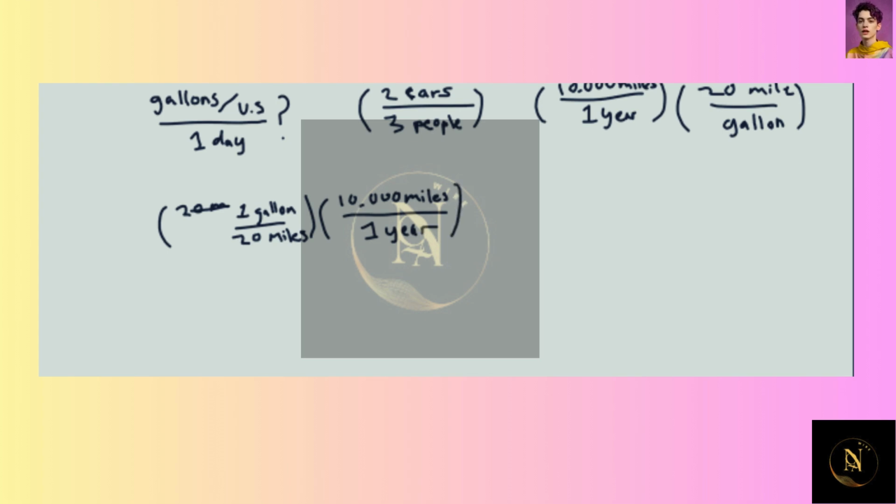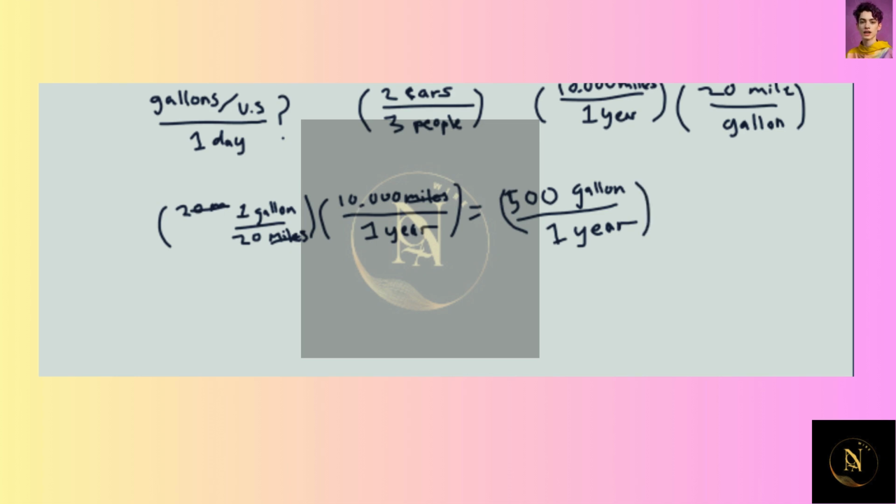We can cancel out miles. It gives us 10,000 divided by 20, which is 500 gallons used per year. One thing to recognize is this is how many gallons are used per year per car.